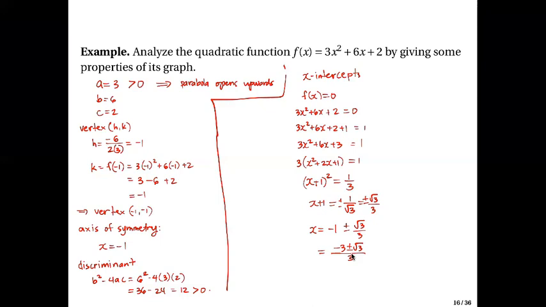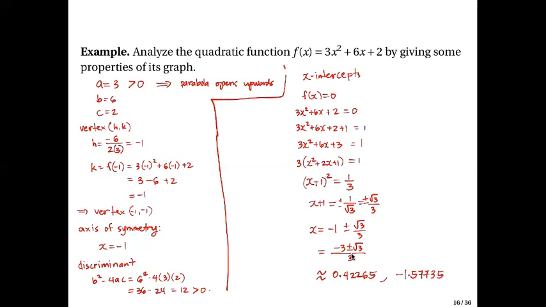So this is roughly 0.4265, or you have negative 1.57735.